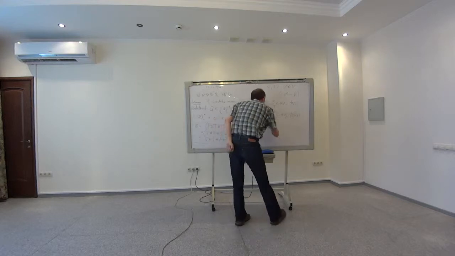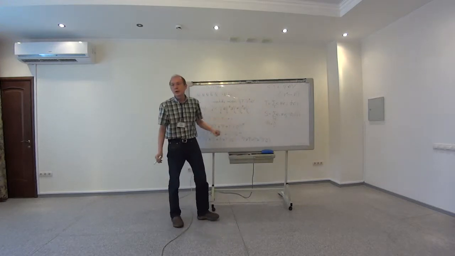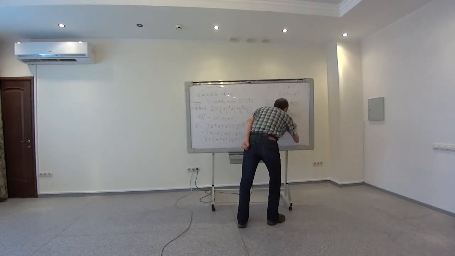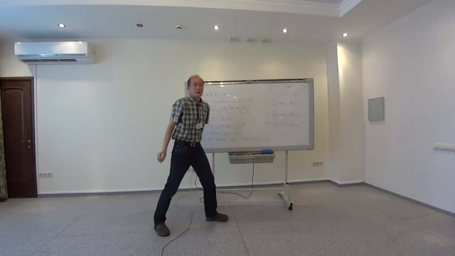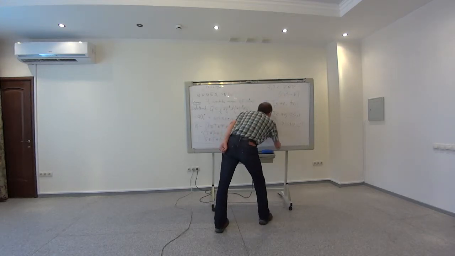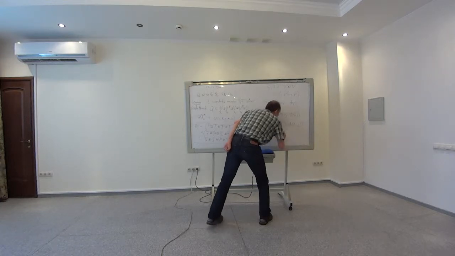And what is phi of I? Phi is such that if you take phi of I plus J, then it gives phi of I times phi of J times omega to the power IJ. And the second property of phi is that its square is just omega to the power I squared.